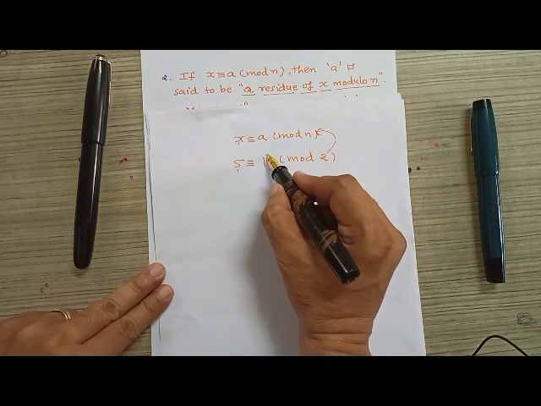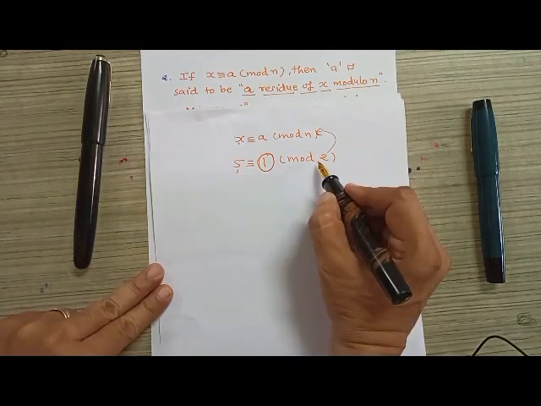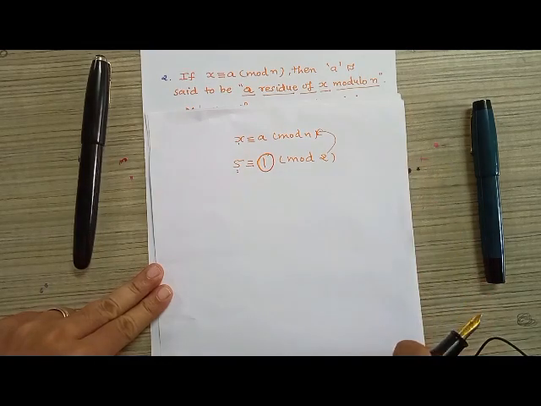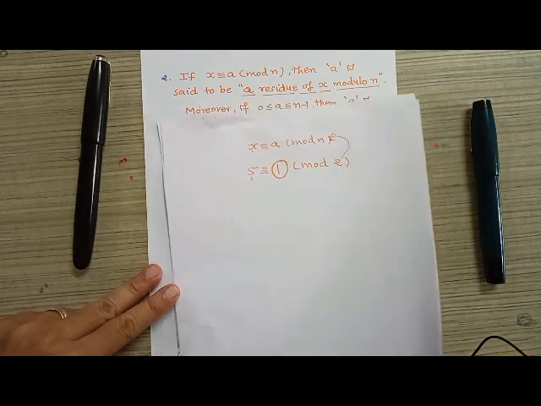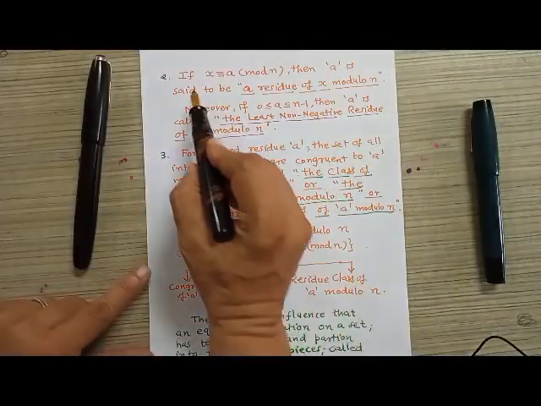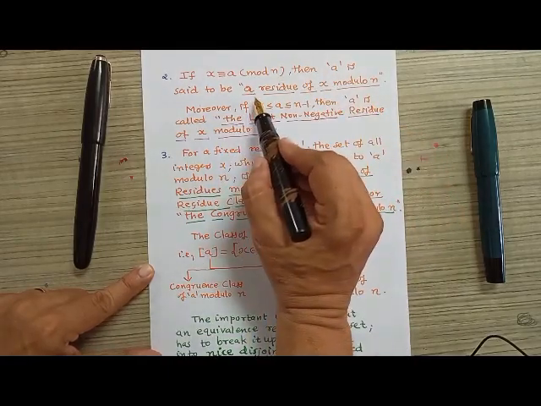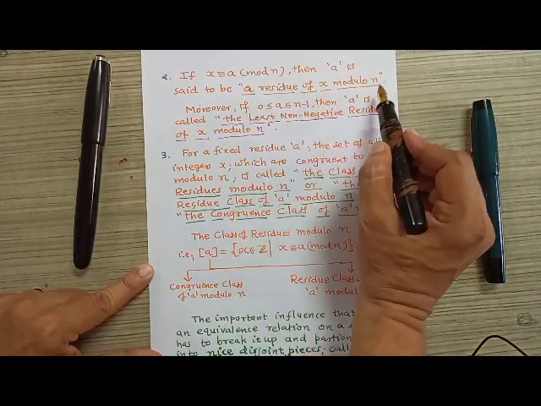So we may say here 1 is a residue of 5 modulo 2. As I have already written here, if x is congruent to A modulo n, then A is said to be a residue of x modulo n.